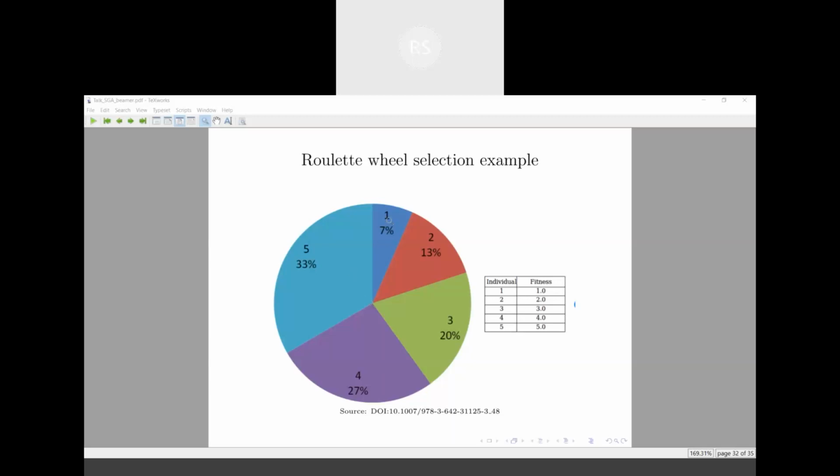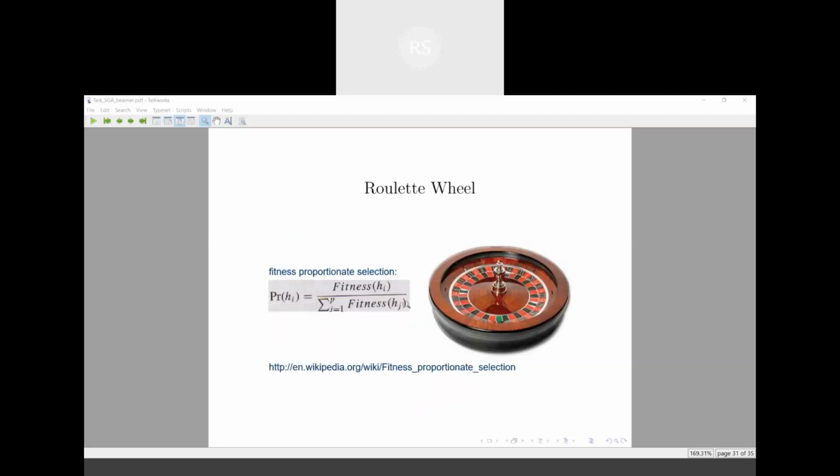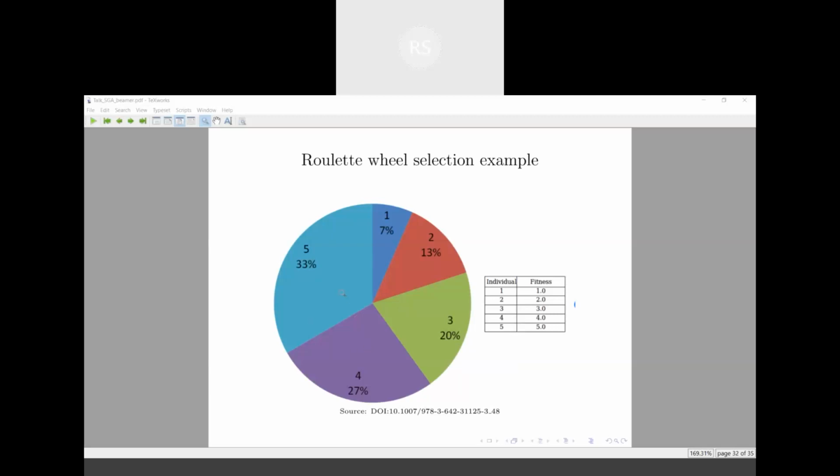Now 1 is here at 7%, so the possibility you would expect is rather less. But again, as I said, randomness is at the heart of the genetic algorithm. You resort to a roulette wheel type. You rotate this, and it may happen that 5 wins 40% of the time and 1 wins 8% of the time. It may turn out differently.